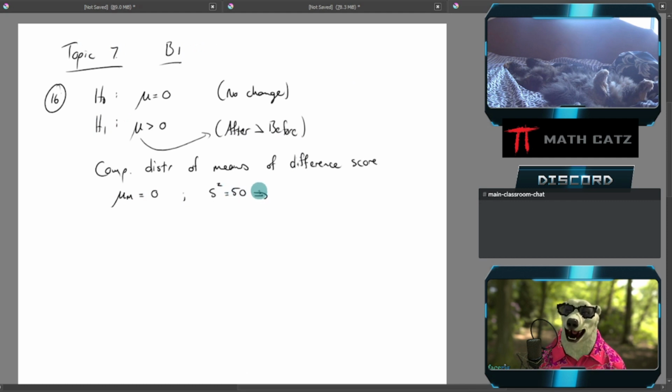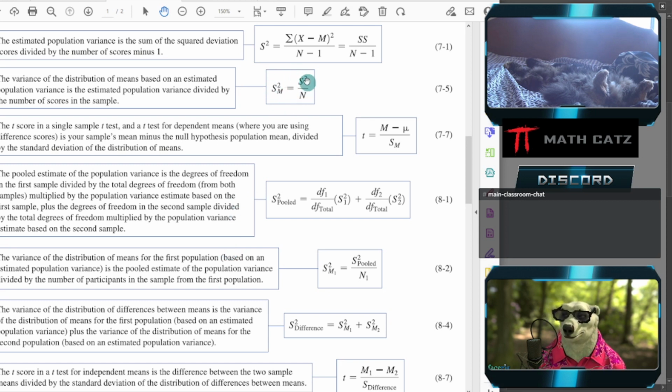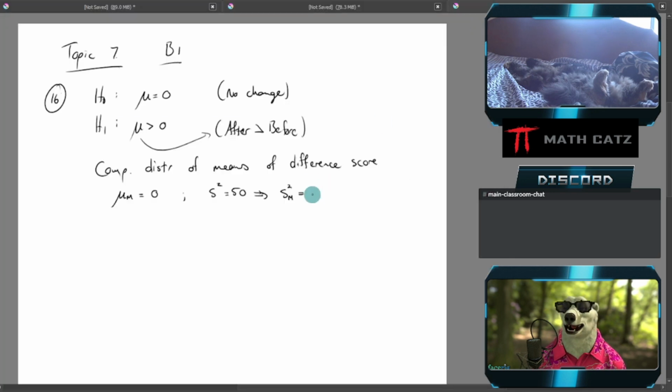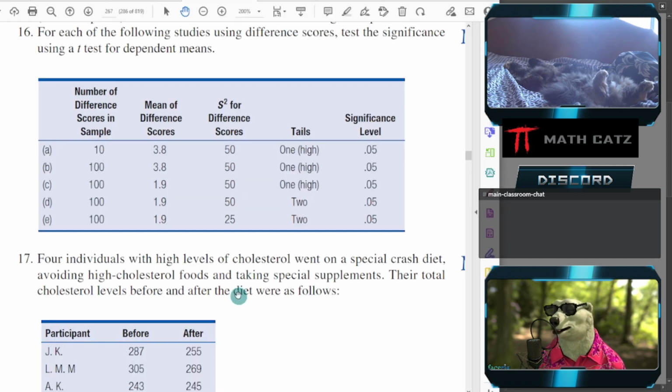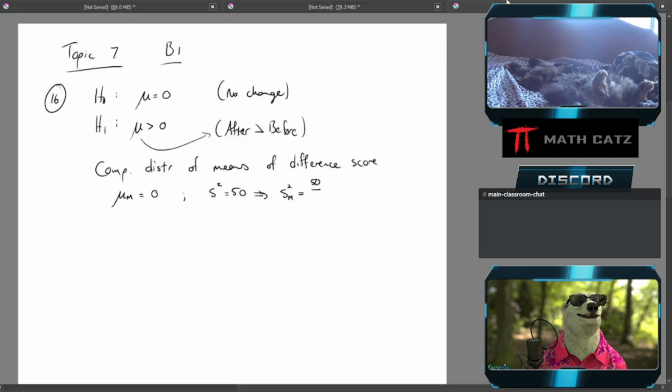So that I have to convert to the variance approximation for this distribution of means. Remember the formula up here, same for the approximation as for knowing it exactly. In this case, we have variance divided by the sample size, which I don't remember. It is 10, a sample size of 10.